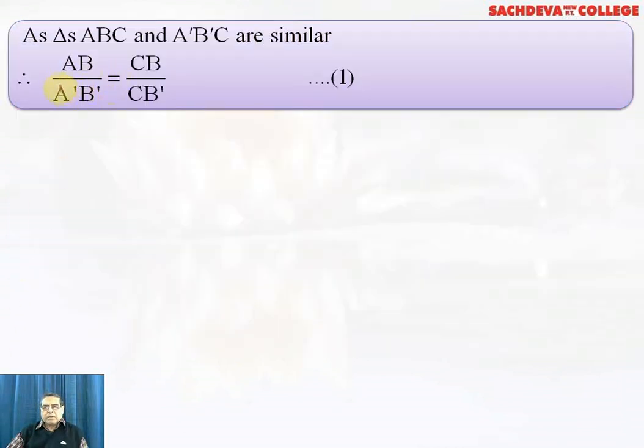So we are taking the two triangles which are supposed to be similar. The ratio of two sides of one triangle must be equal to the ratio of the two sides of the other triangle. This principle is adopted.